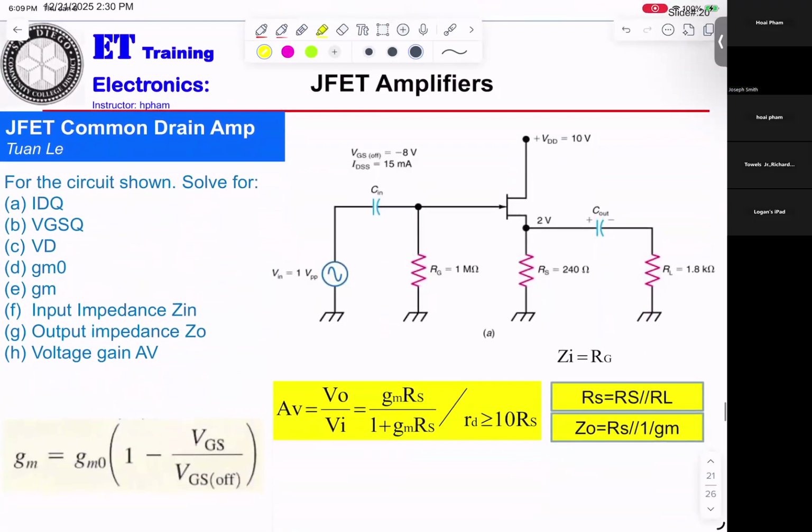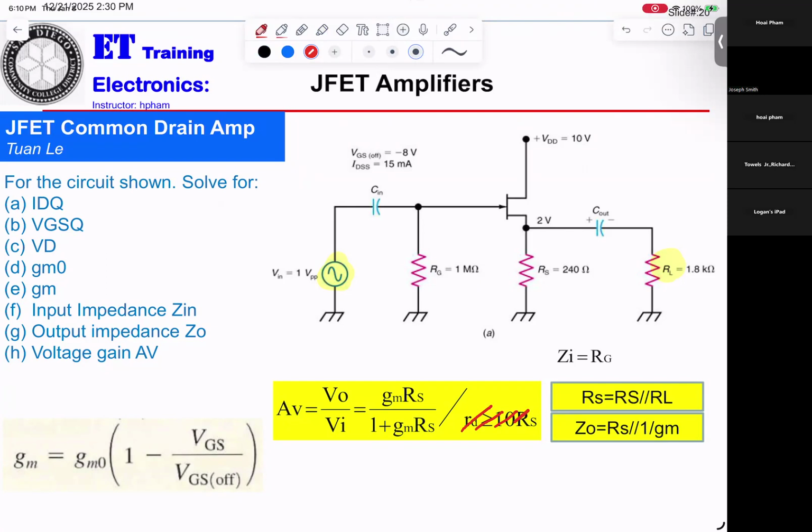And now they can give you the same simple circuitry. You get the input, that RL, and they give you the formula on how to calculate GM0: 1 minus VGS over VGS off. And also they give you the formula for AV. Remember, don't care about that.